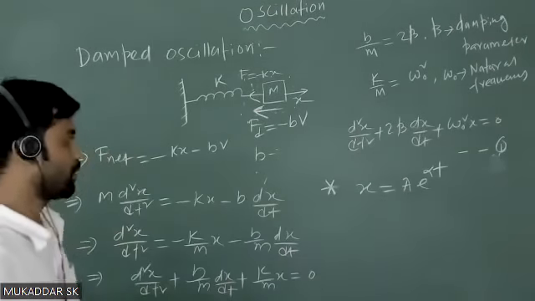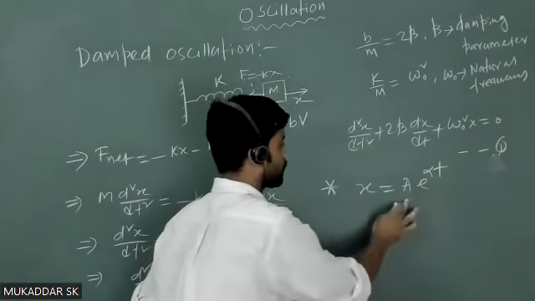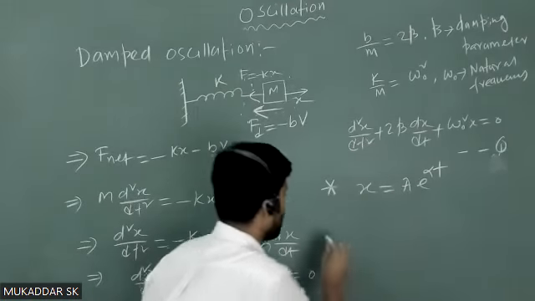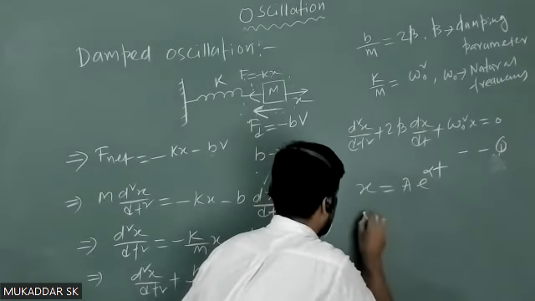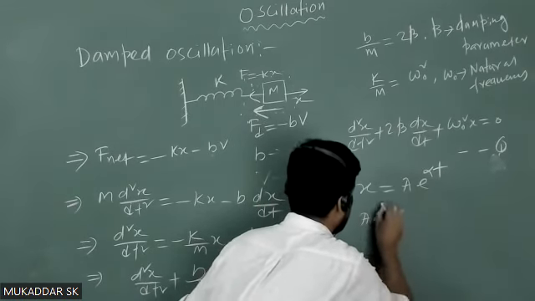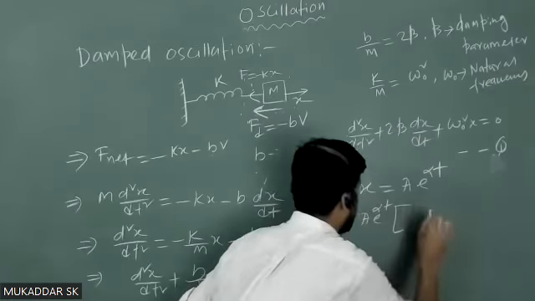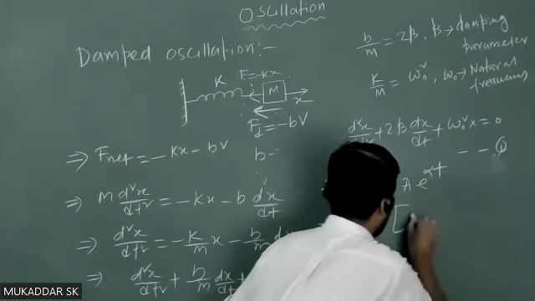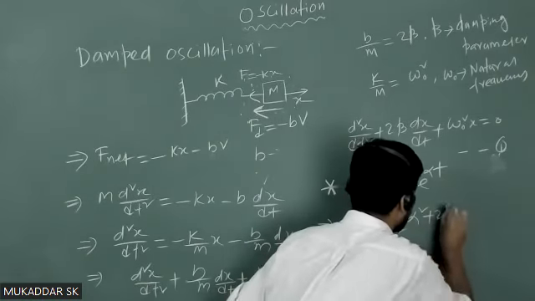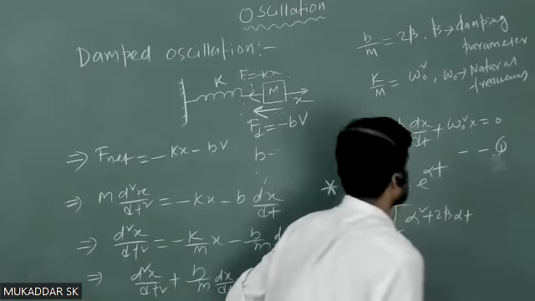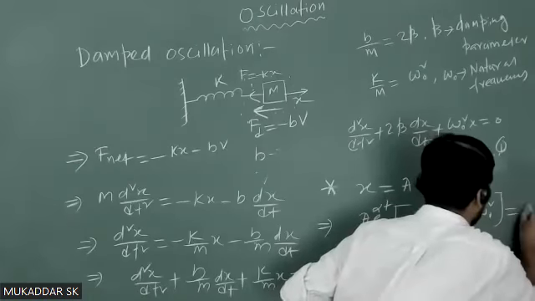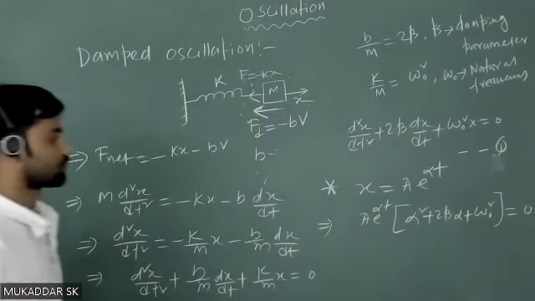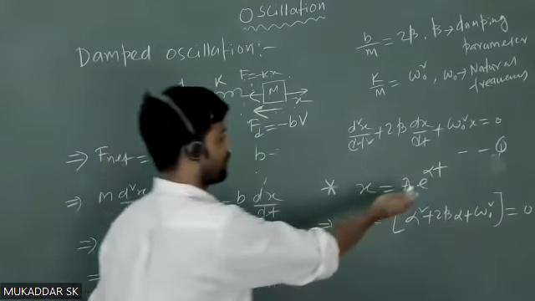So if you substitute x equals a exponential alpha t in this equation, a exponential alpha t will be outside, and inside you will get alpha square plus 2 beta alpha plus omega naught square. That will be 0.